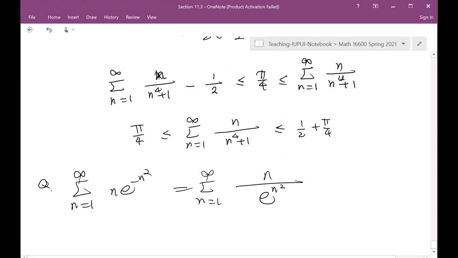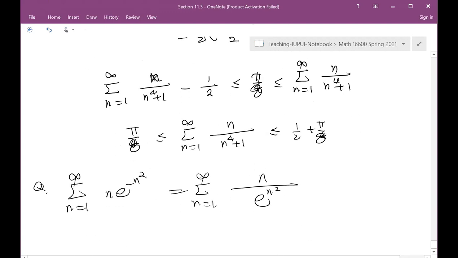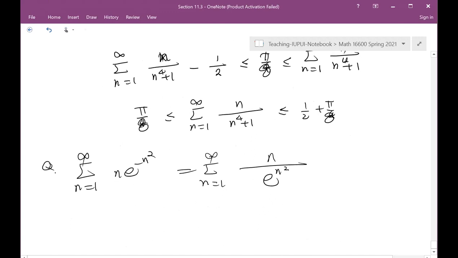Why is it pi over 4, not pi over 2? That's right, that's my mistake. I copied it. All right, so look at this. We can learn more methods later to prove it's convergent.